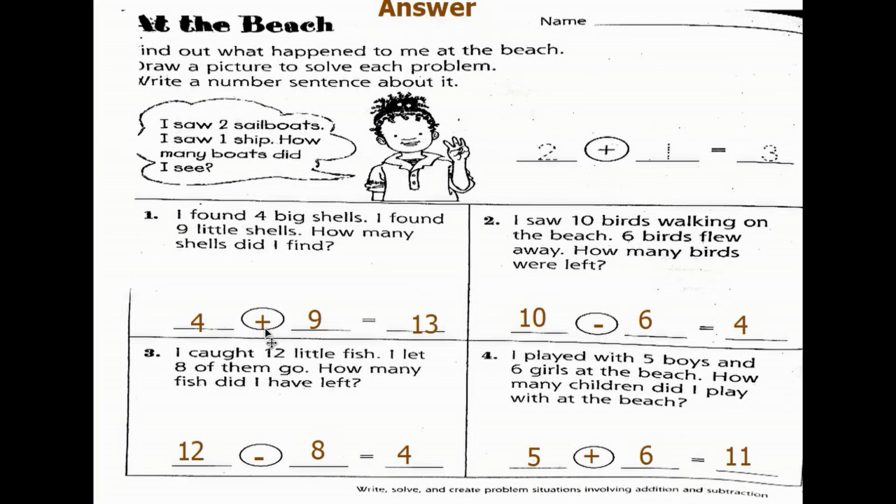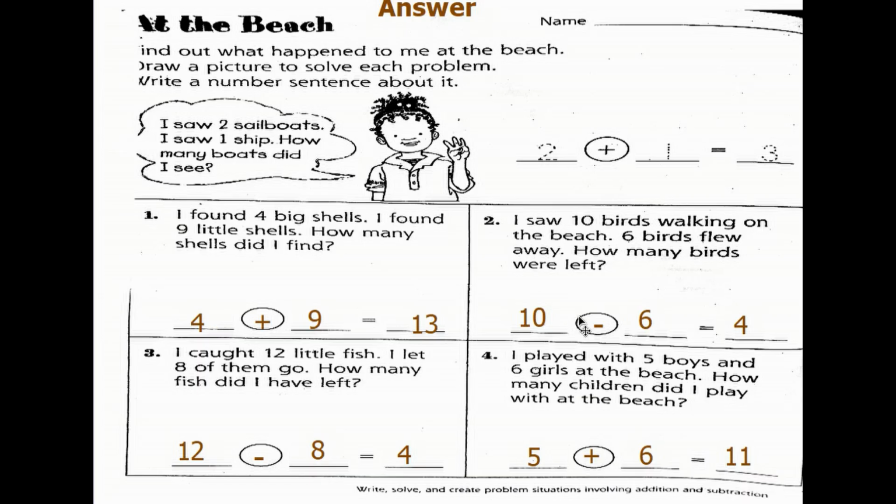Yeah, addition. So 9 plus 4 is 13. By counting 9 in your mind, 4 fingers in your hand, now you can count 9, 10, 11, 12, 13. So it will be 13 shells in total.